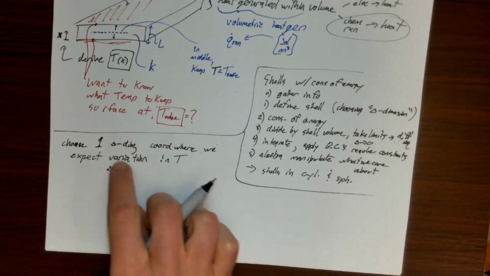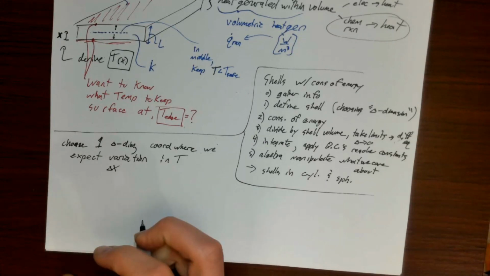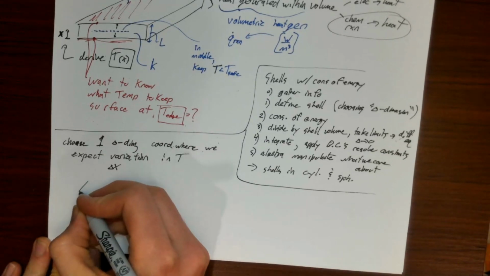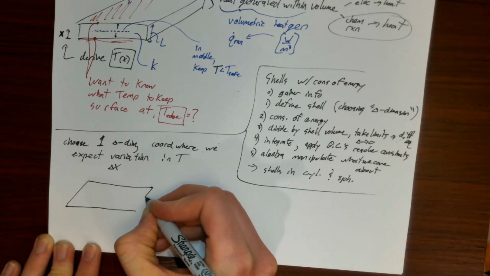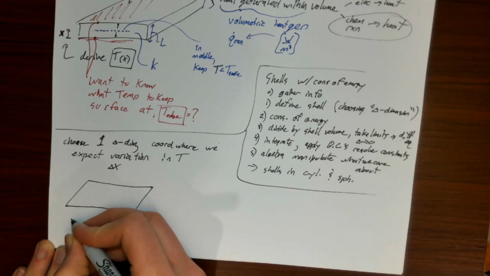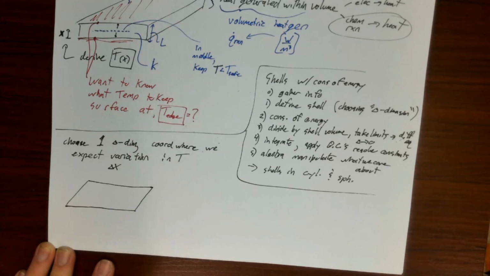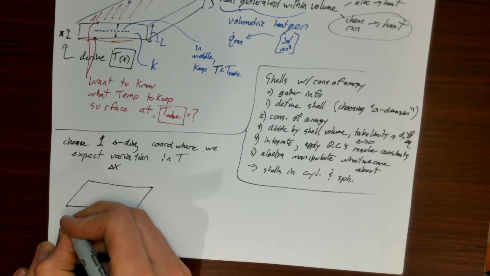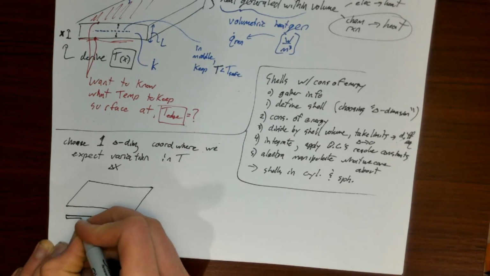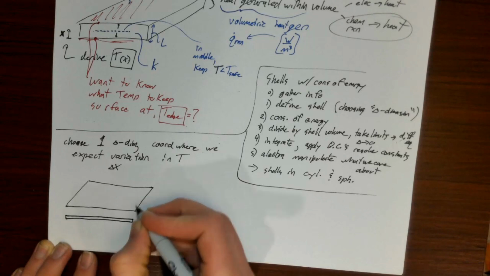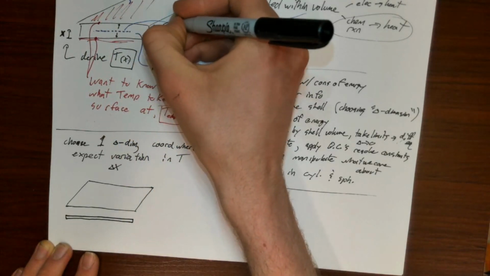So what is our control volume going to look like? Well, I'll draw it right here. Just imagine this is the top plate, or this is the top surface. Choosing delta x as a delta dimension is basically saying our control volume is one slice of this material.